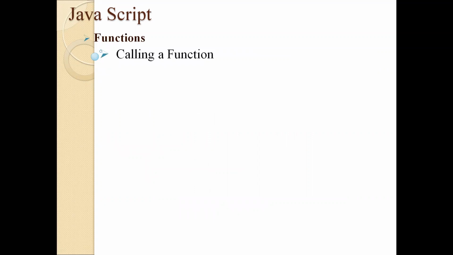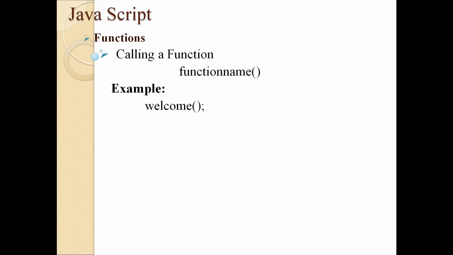Declaring a function will not execute the function in the program. We need to call that function. Functions can be called in JavaScript just by using their name followed by open and close parentheses. For example, in the previous slide, I created a function called welcome.